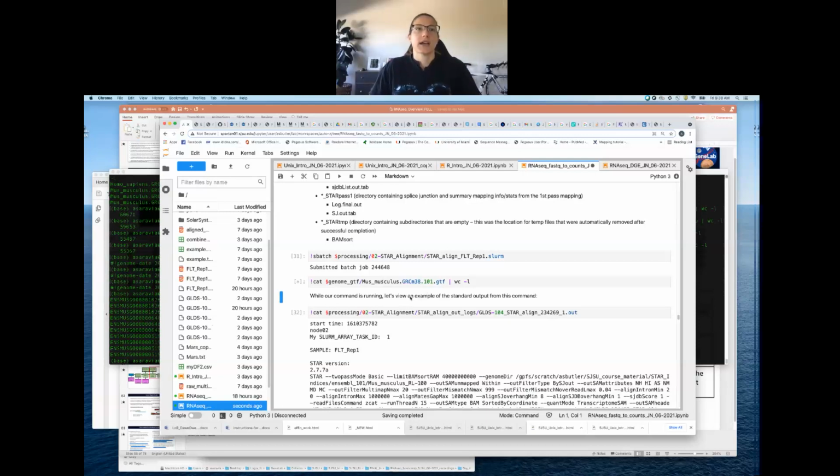The number of lines is a lot larger than the number that we end up with when we create the counts table. Wait for that to finish.